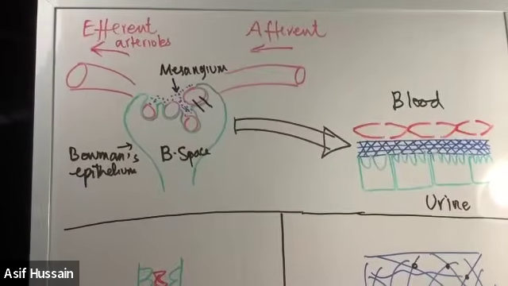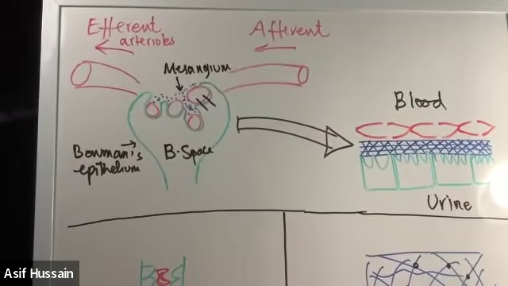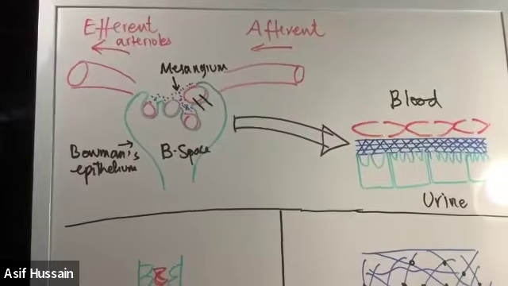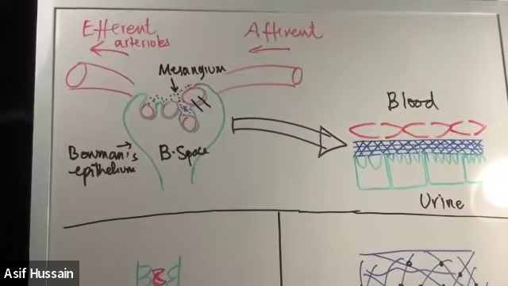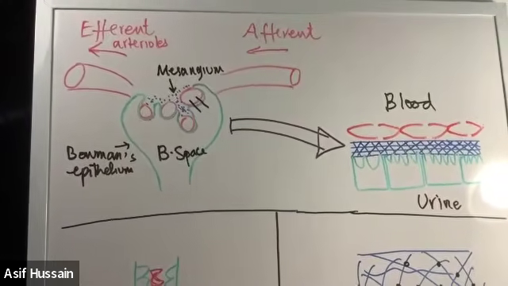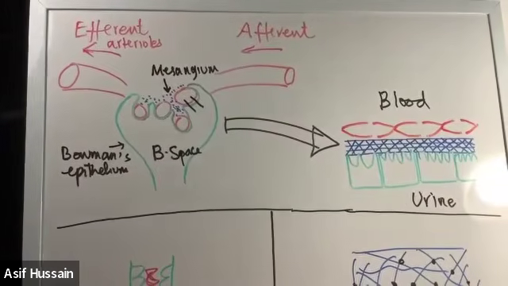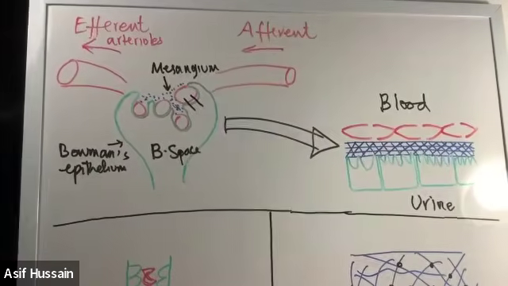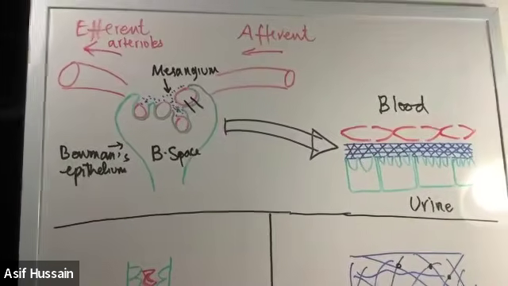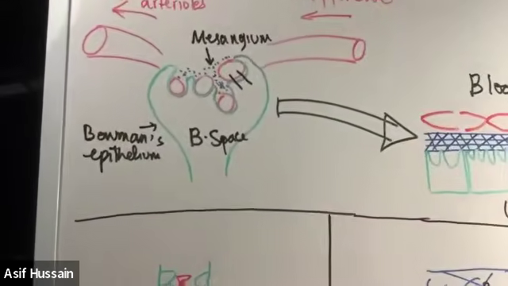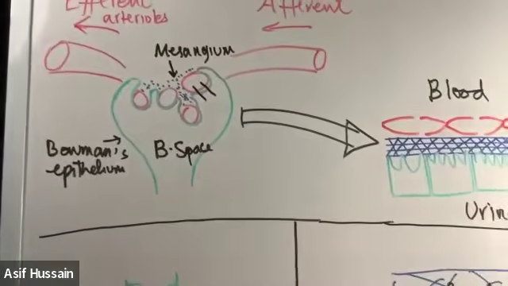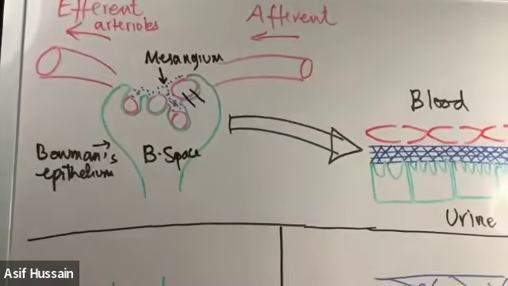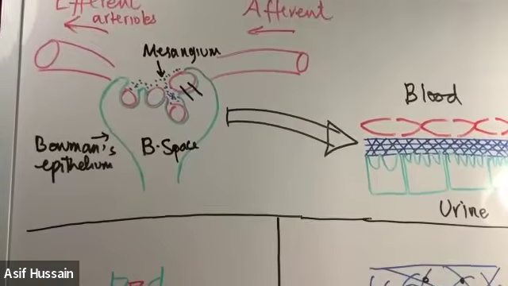When we place a barrier, we mean that few things can pass and few things will be held back. The things which will be held back in the blood are blood cells and plasma proteins, and the things which are filtered easily from the glomerular capillaries into the Bowman space are water, electrolytes, waste products, and nutritional chemicals such as amino acids and glucose.